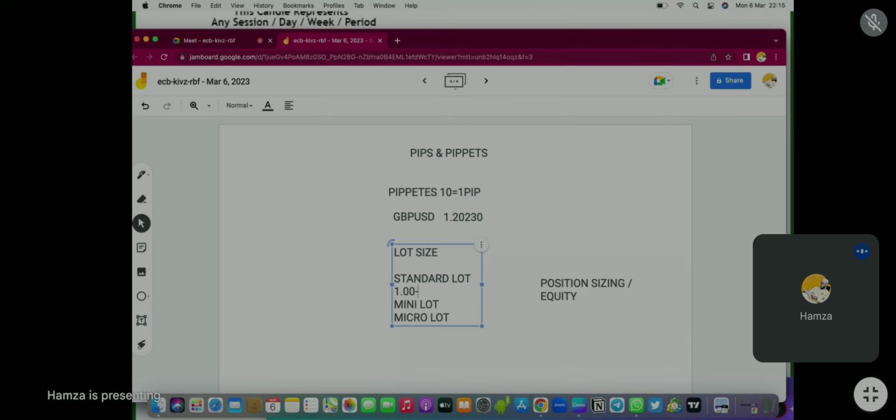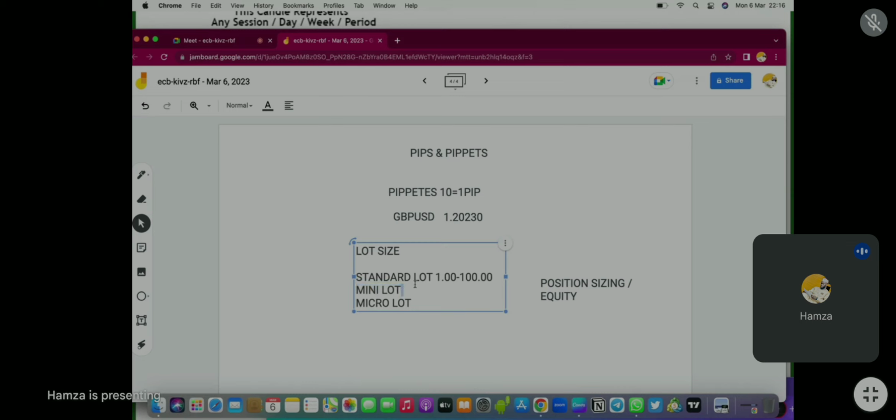I think it's 100. Honestly, I've forgotten. This is a standard lot. Don't worry, once we get to executions, I will show you. You will see what they mean.